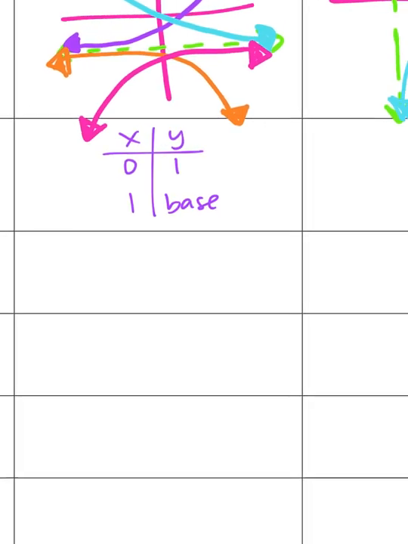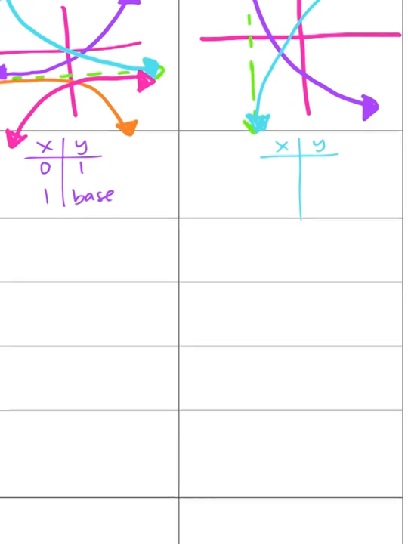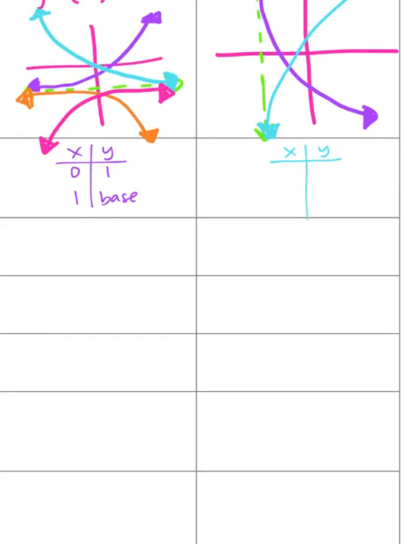Now for logs, since these are the inverse, we are switching our x and y's. We're going to mirror this. So now instead of x being 0, x is going to be 1 and y is going to be 0. And then for our next coordinate, the x will be our base value and y will be 1.